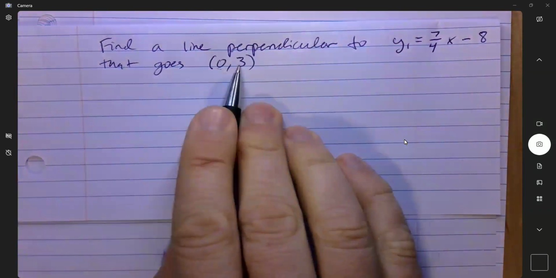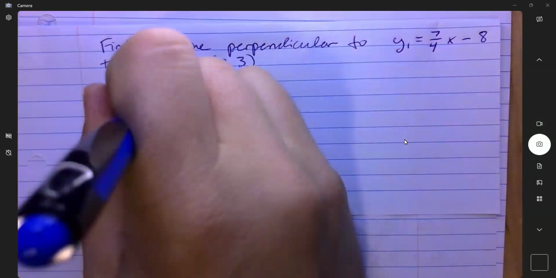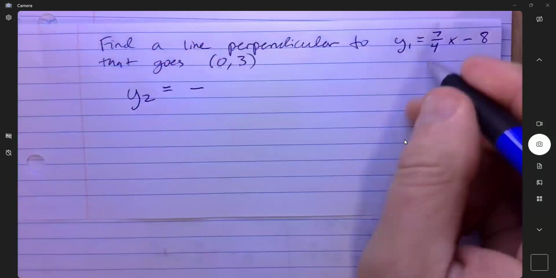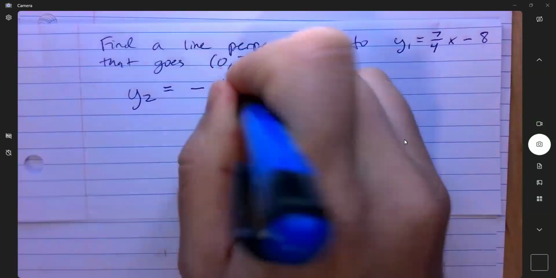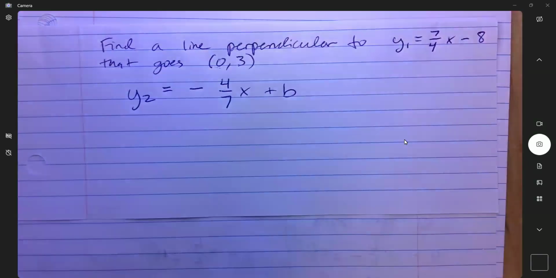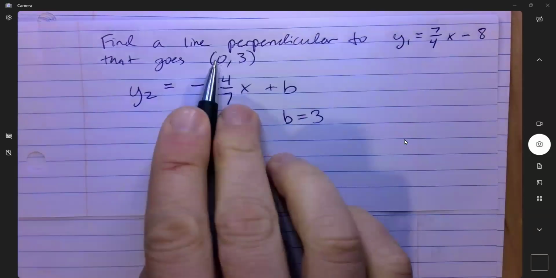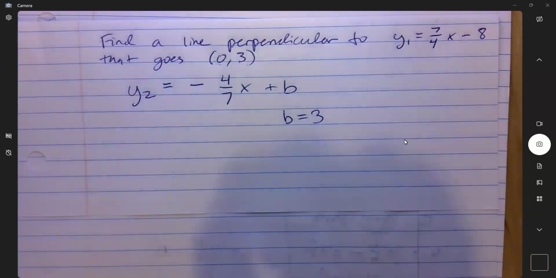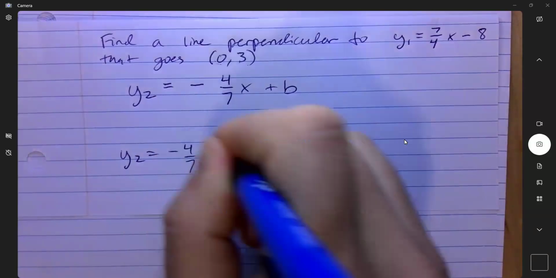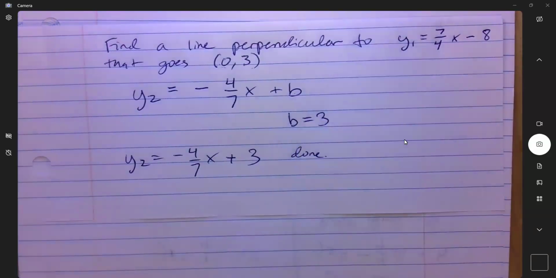Notice 0, 3 is the y-intercept. We're starting easy. So y2 has the opposite reciprocal slope, so it must be negative 4/7 x plus some y-intercept. And in this case, I know that b equals 3 because I was given that information. So y2 is negative 4/7 x plus 3. And I'm done.